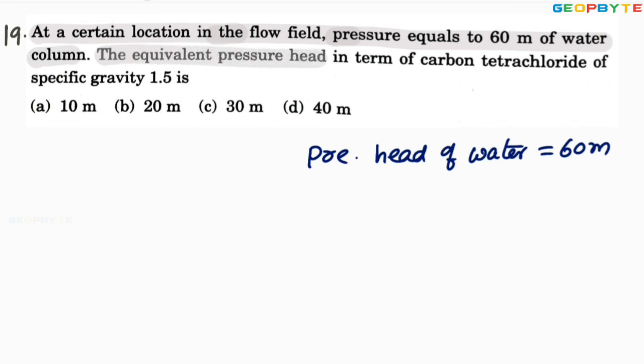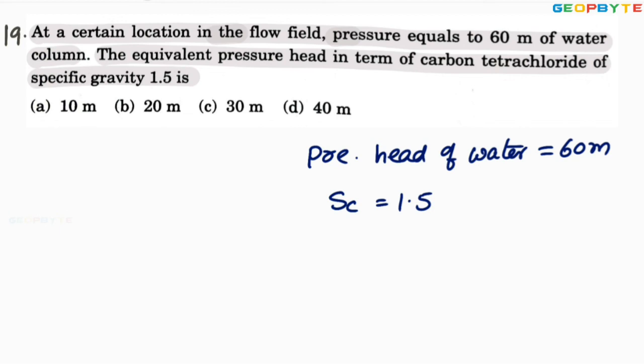The equivalent pressure head in terms of carbon tetrachloride of specific gravity 1.5 is asked. The specific gravity of the carbon tetrachloride is given as 1.5.